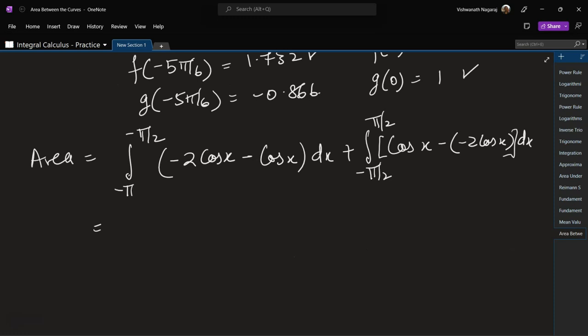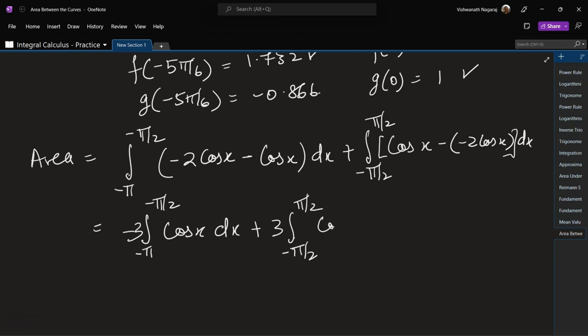Let's evaluate this. What do we get? Let's first simplify it. Minus pi to minus pi by 2 of minus 3, we take it out, cos x dx. And now here inside it is all plus, so plus 3 times the integral from minus pi by 2 to pi by 2 of cos x dx.